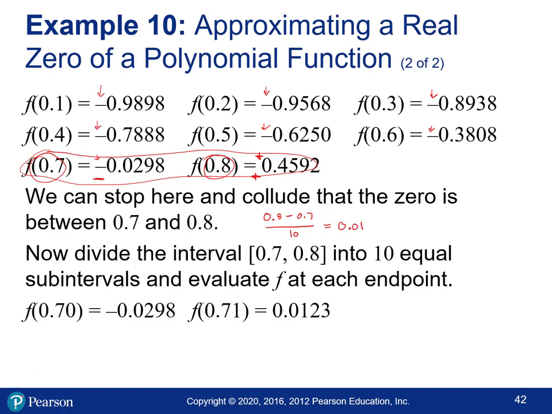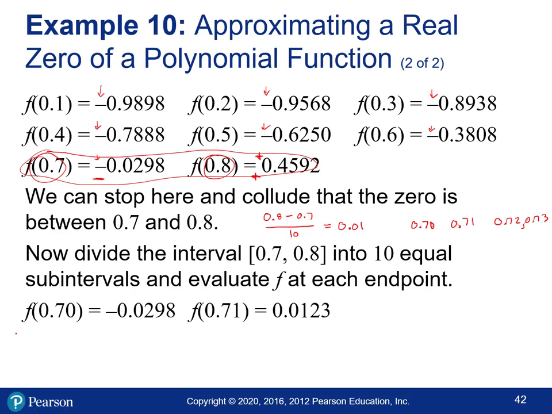And so from there, what you would do is look at 0.70. Then the next interval would be 0.7 to 0.71. Then after that, it would be from 0.71 to 0.72, 0.72 to 0.73, and so on. And so that's what that's saying.